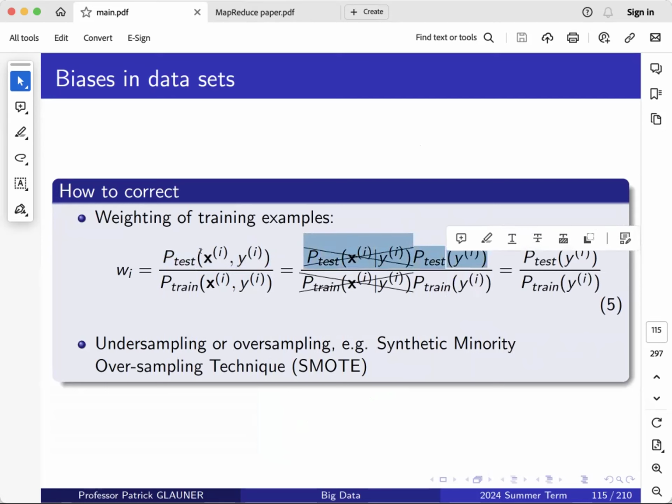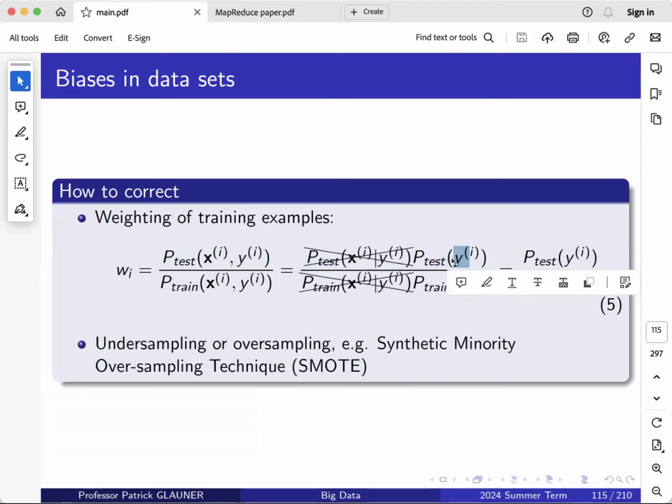So the probability of X and Y can be broken up as the prior of Y times the conditional probability of X given Y. And if I break up the joint probability distributions for testing and training into the data given the label times the prior of the label, then I can simplify it, because what we just said in the previous slide is that these conditional distributions of the data given the label are the same for testing and training.